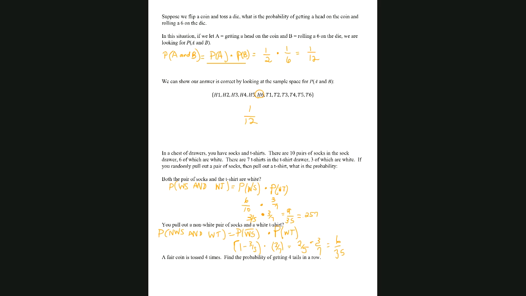And if we wanted to divide that to find a decimal, it would be 0.171. So a 17% chance that the socks will be non-white.